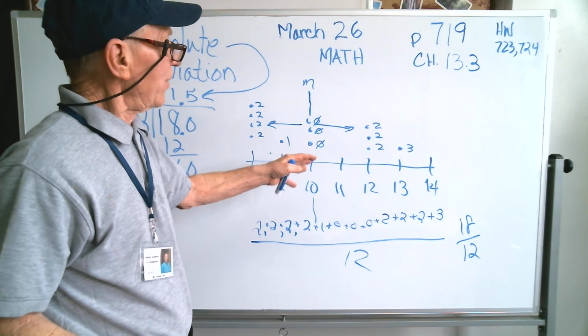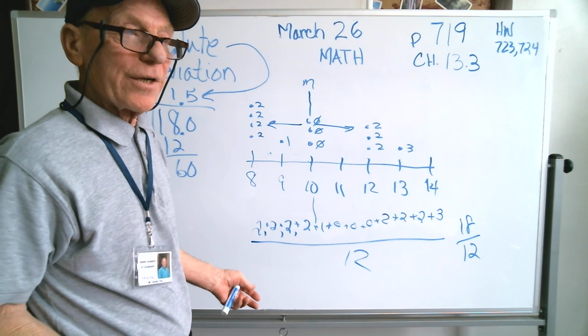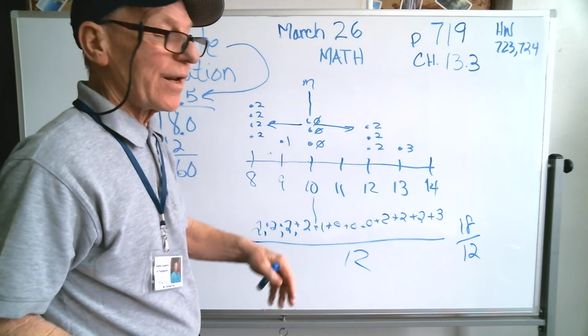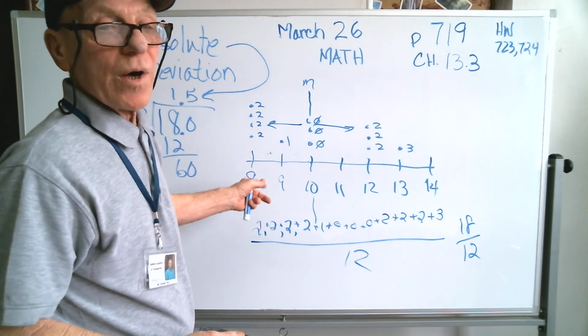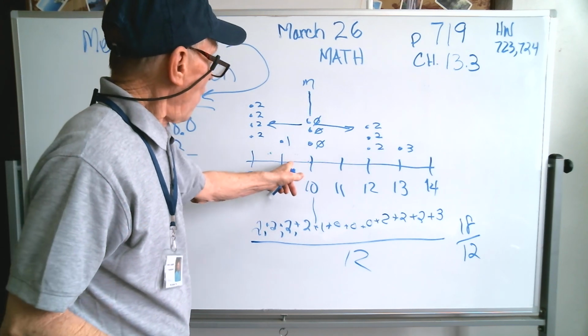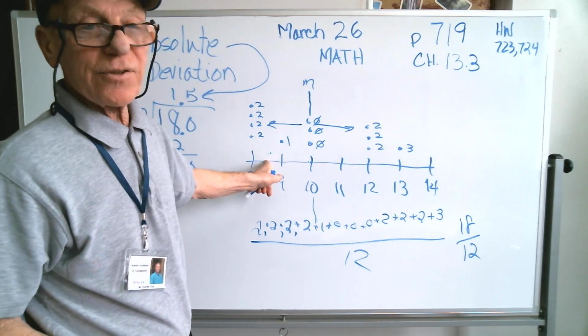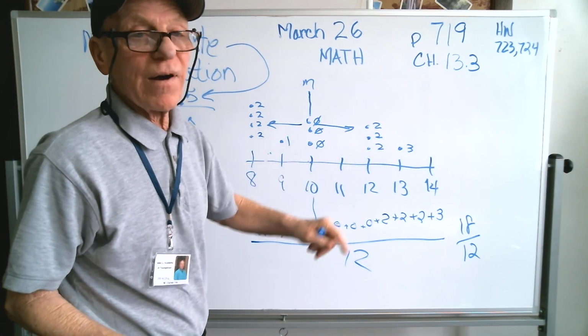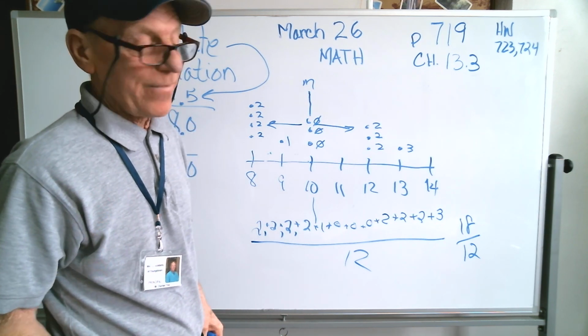And in this particular case, on average, each one of these would be 1.5. 1.5 places to the left or 1.5 places to the right.